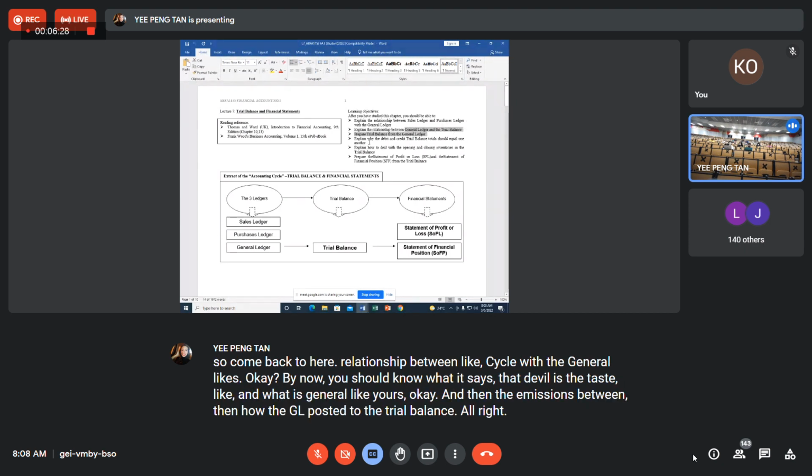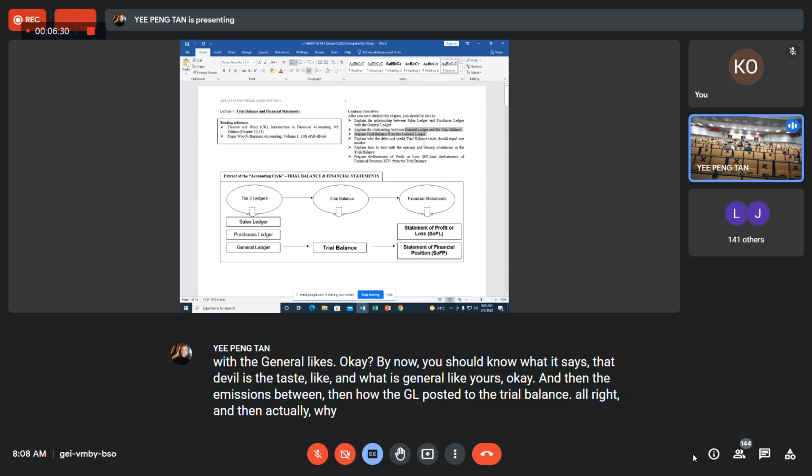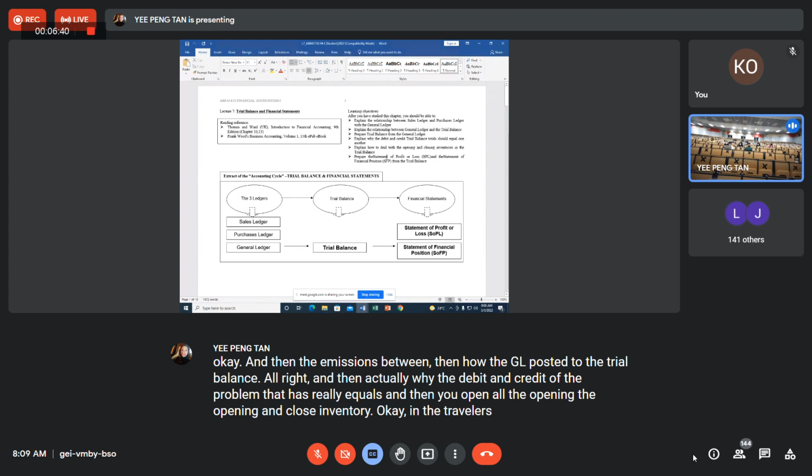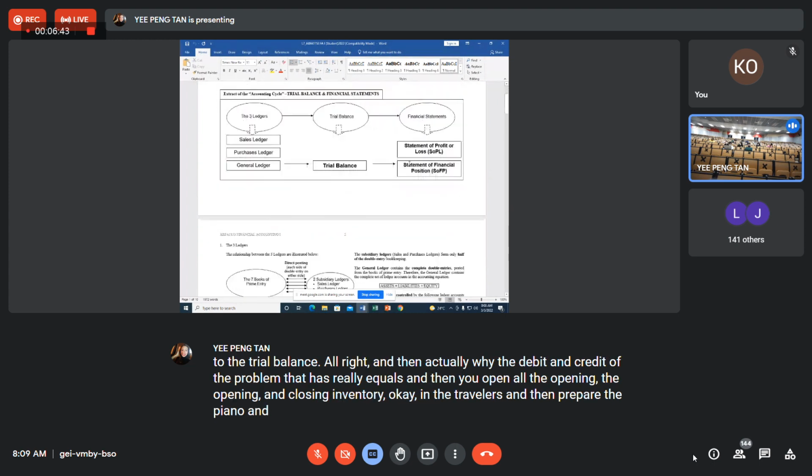Then we explain why the debit and credit of the trial balance should tally, should be equal. Then we use the opening and closing inventory in the trial balance to prepare the P&L and the SFFP.